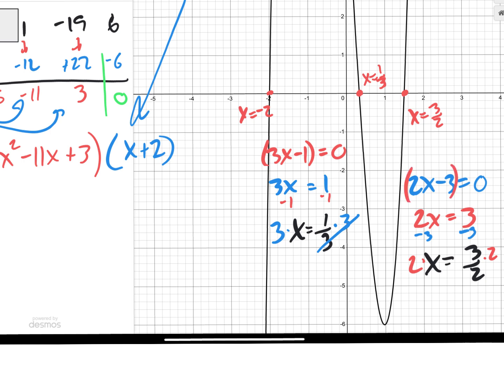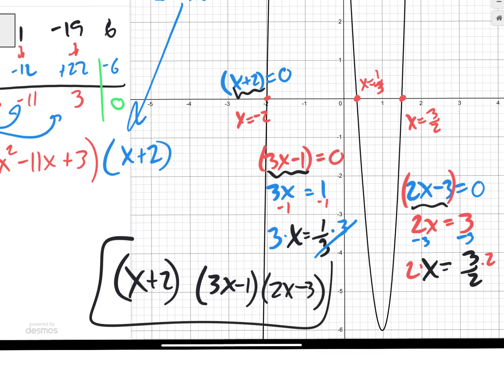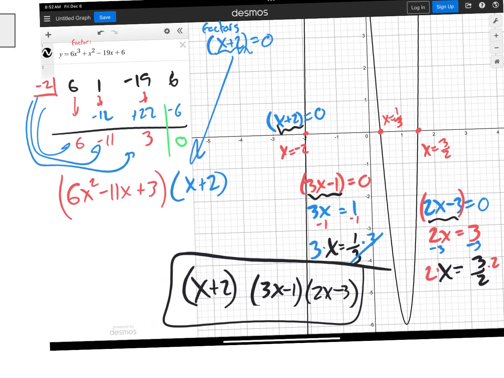So if I asked you to completely factor the cubic polynomial that we have up there, and you found out that this was x plus 2 set equal to 0, this was 3x minus 1 set equal to 0, and this answer was 2x minus 3 set equal to 0, then your factored form is the binomial x plus 2, the binomial 3x minus 1, and the binomial 2x minus 3. This is your completely factored form of the original, okay? If you were to multiply this times that, and so on, and then combine like terms, and then get a quadratic trinomial, then distribute and combine like terms, it will give you that original cubic polynomial.